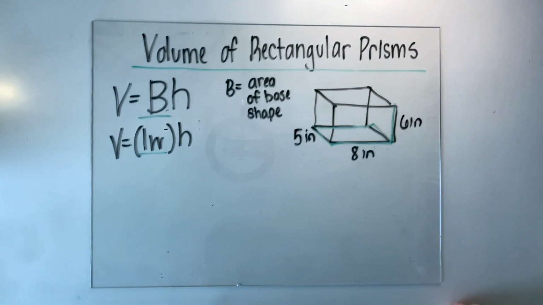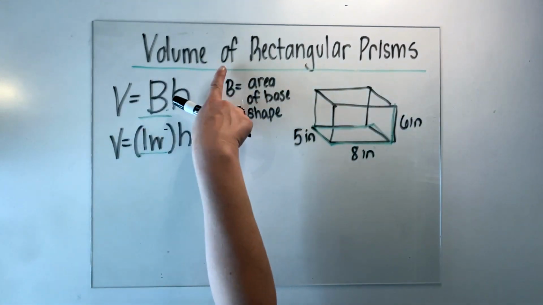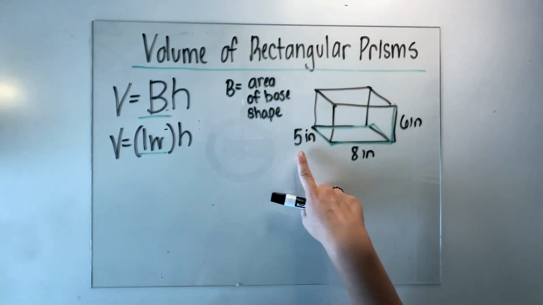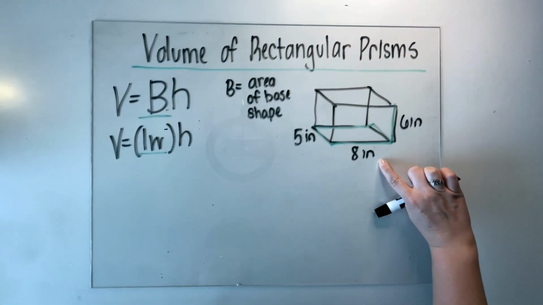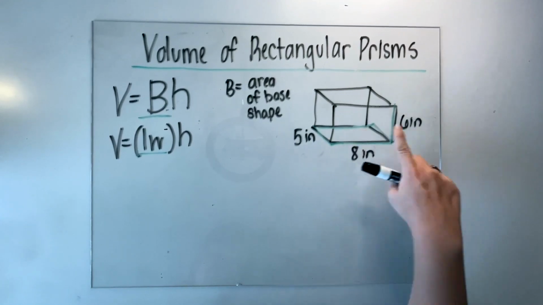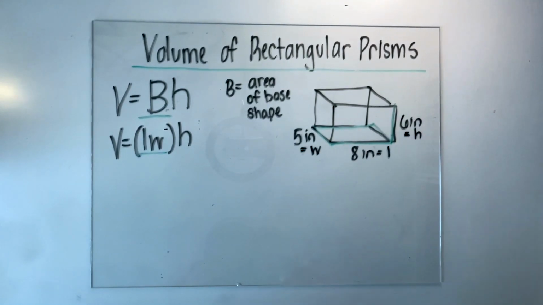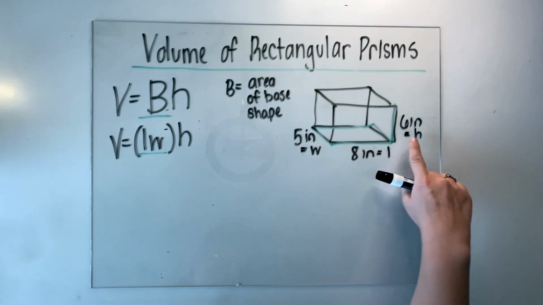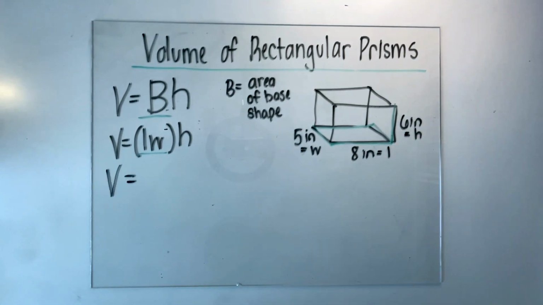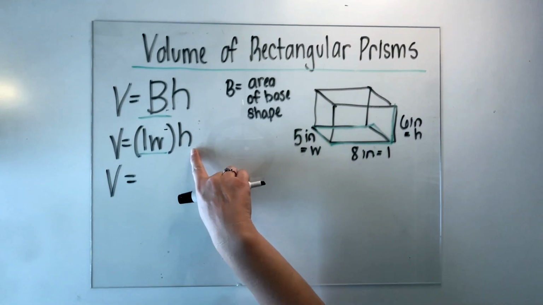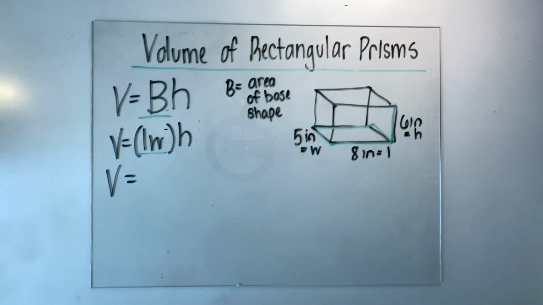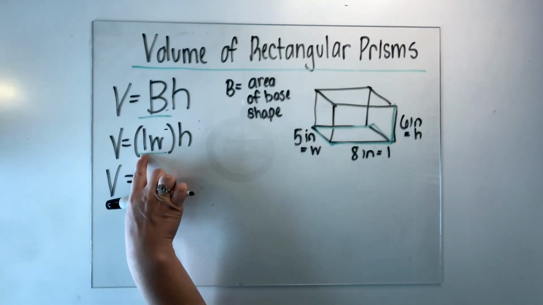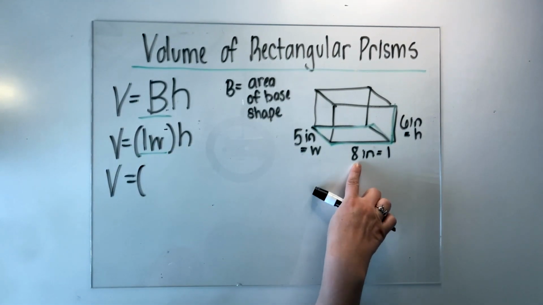Let's try finding the volume of a rectangular prism that has dimensions 8 inches by 5 inches by 6 inches. Remember, 8 inches is the length, 5 inches is the width, and 6 inches is the height. Now the only thing left to do is replace these variables with these values. The length is 8 inches.